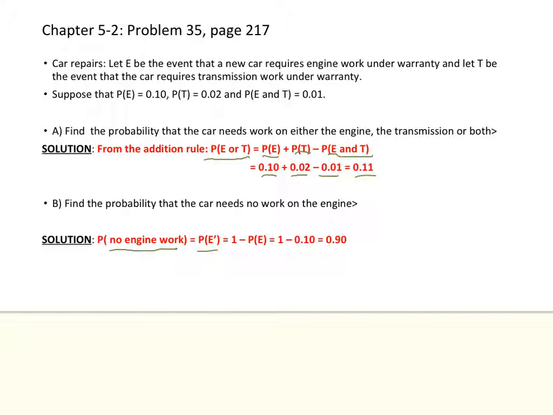We call that P prime, which is equal to 1 minus the probability of engine work, which is 1 minus 0.1, and that gives us 0.9 or 90%. So the probability that a car needs no engine work is 90%, and that's pretty good.